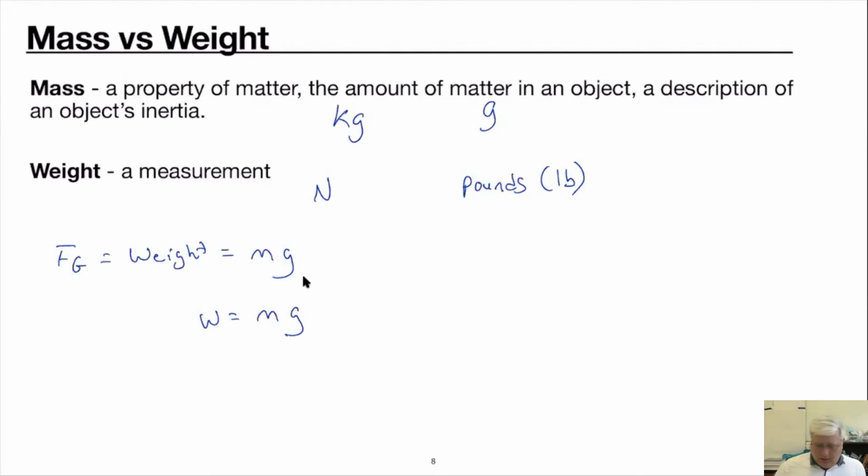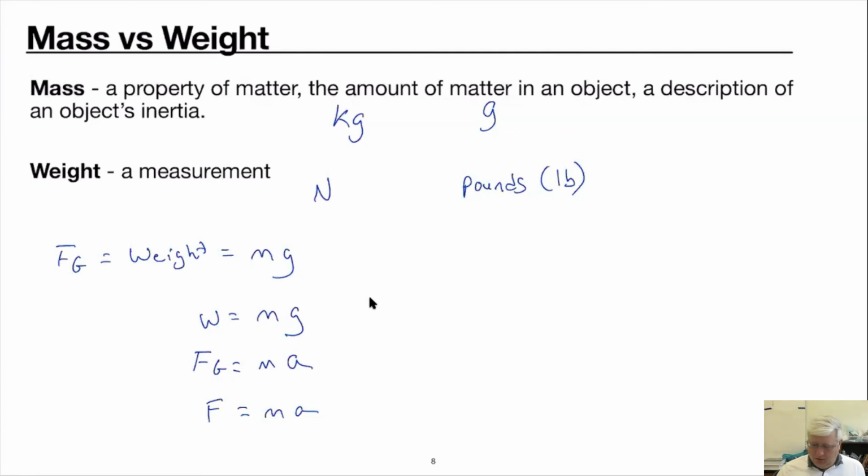But this is actually the same as saying weight is a force, a measurement of force. Weight can also be described as Fg, and g is just a type of acceleration, right? And so by doing this, we see that to find weight, we're really just talking about Newton's second law of motion, that force is mass times acceleration.